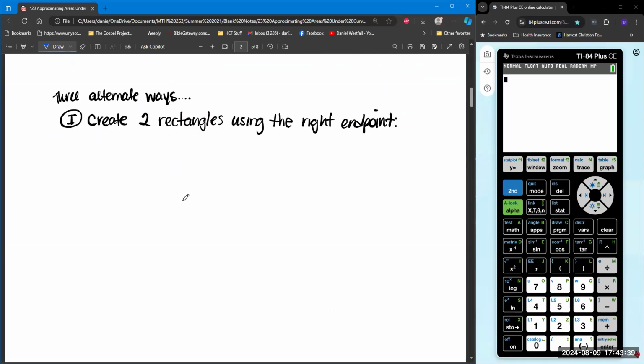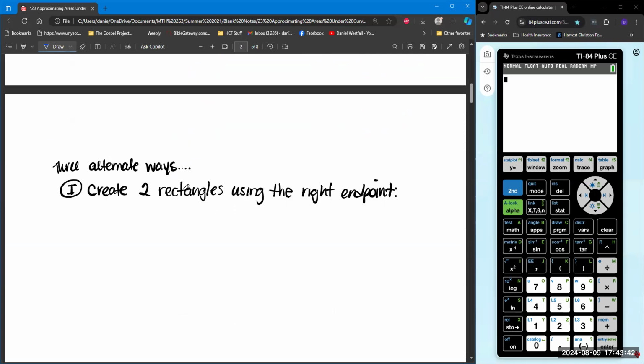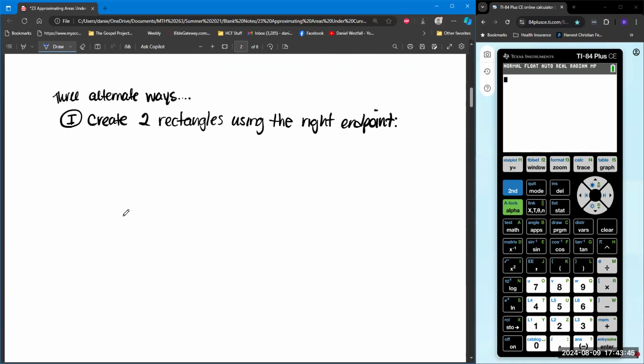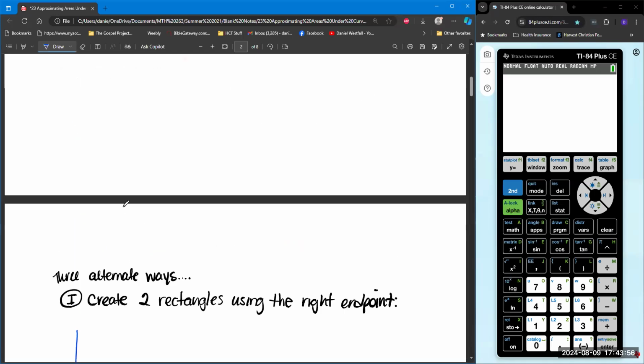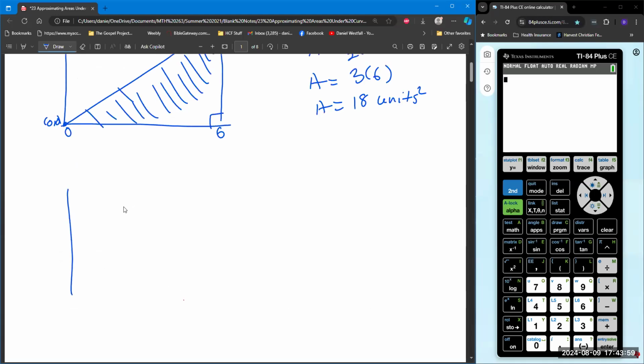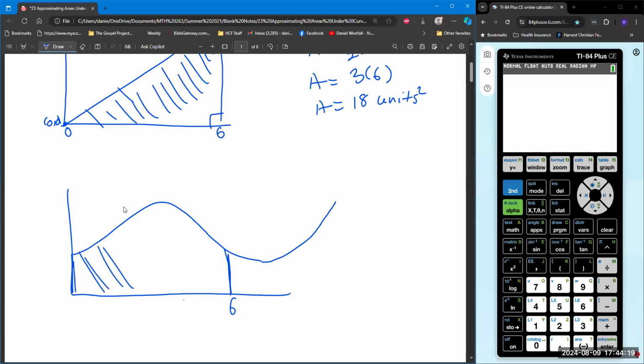Now, we could have other ways to look at this. For instance, we could create some rectangles with right endpoints, because we know how to find areas of rectangles. Actually, before we do that, that was kind of an easy example, but what if our function was curved like this, and we wanted to find the area in here from 0 to 6?